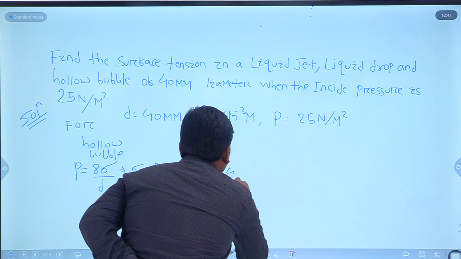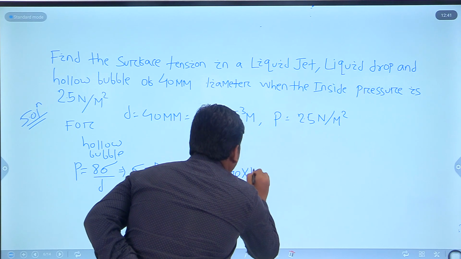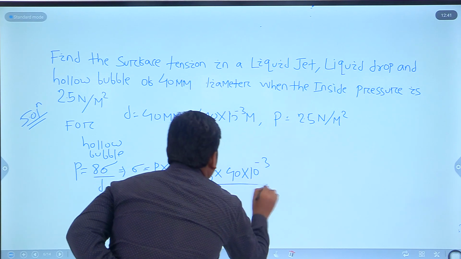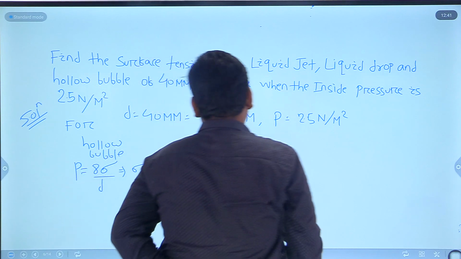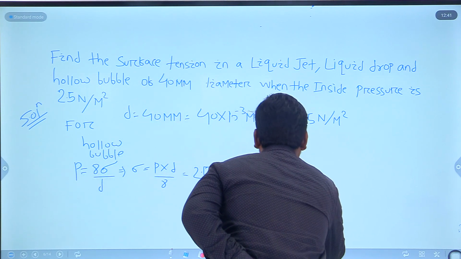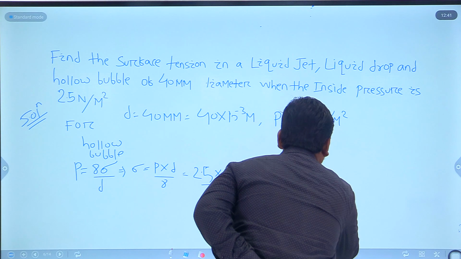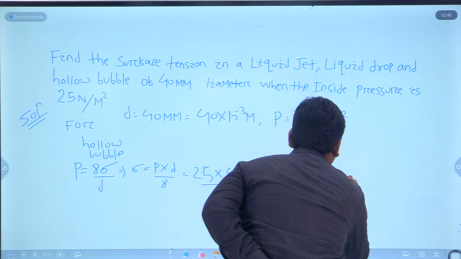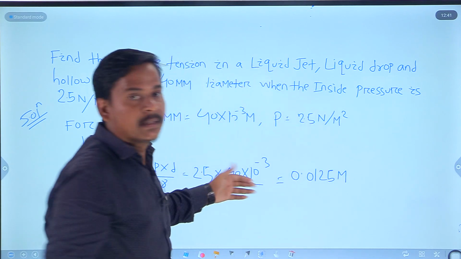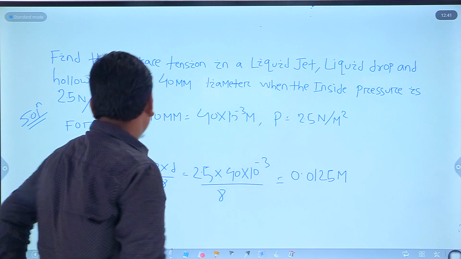So 2.5 into 40 into 10 to the power minus 3 divided by 8. The value will be 0.0125 meter when we calculate it in a scientific calculator.